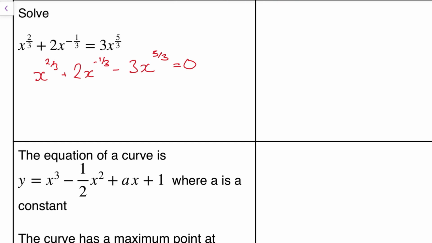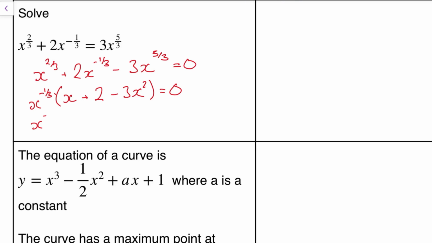And then I'm going to take out an x to the minus 1/3. In other words, I'm going to factorize out an x to the minus 1/3. And that is because the first term is going to be x to the 1, because 1 minus 1/3 is 2/3. The second term is going to be 2, and the final term is going to be 3x to the 6/3. 6/3 is 2, so 3x squared. And actually, I've just realized this works out quite nicely now, doesn't it?